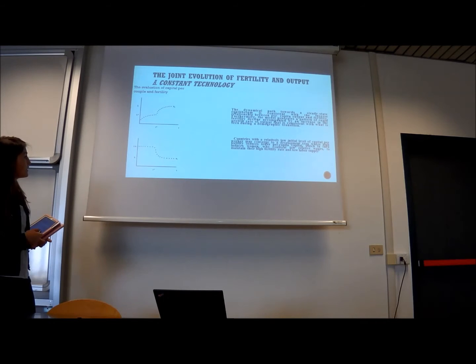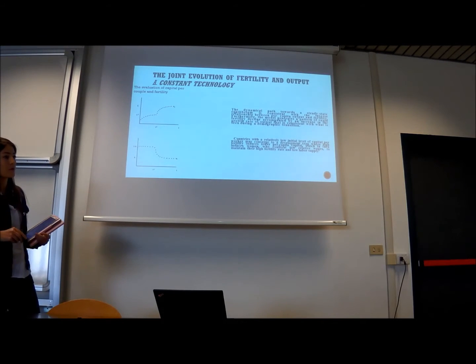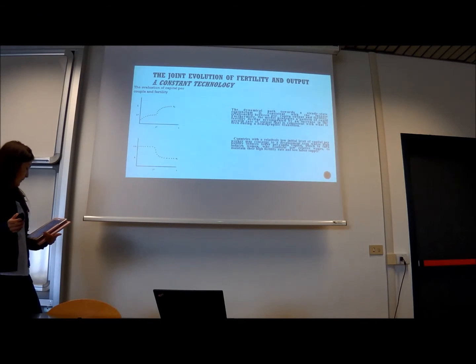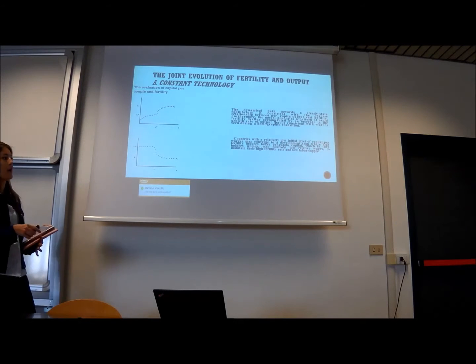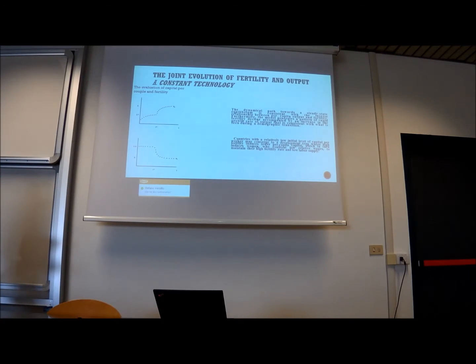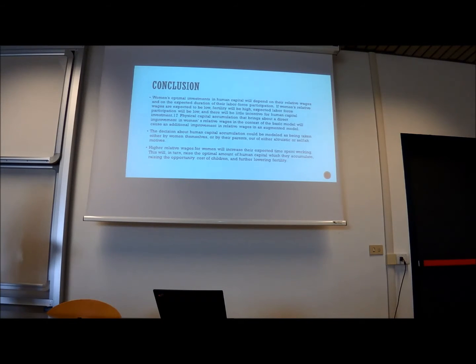Countries with a relatively low initial level of capital per worker may converge to a development track where high fertility induces lower per capita income, which in turn induces women who confront low relative wages to maintain their high fertility rate and low labor supply.